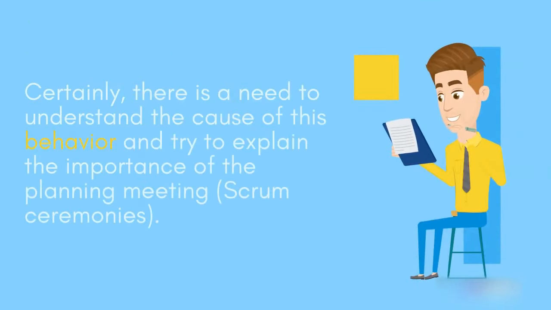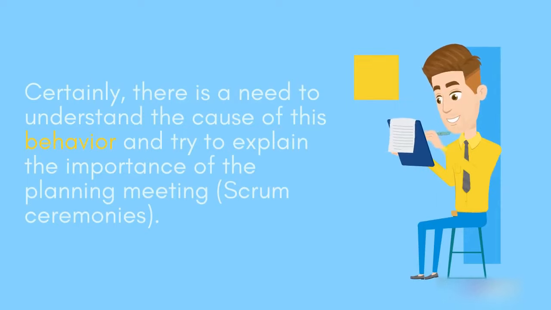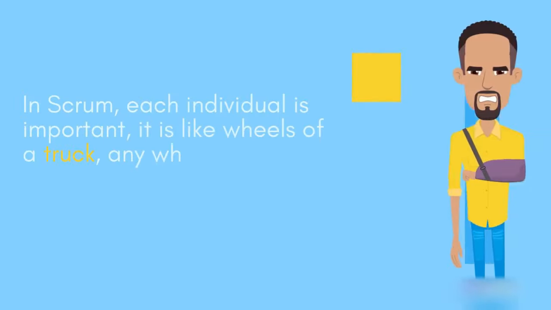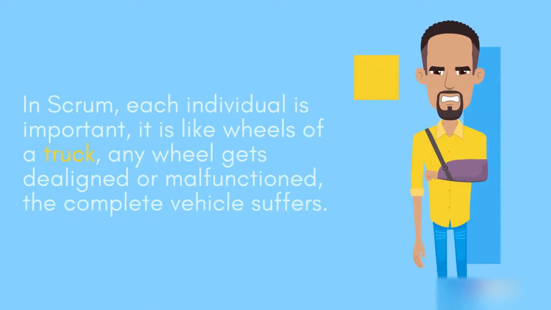Certainly, there is a need to understand the cause of this behavior and try to explain the importance of the planning meeting and Scrum ceremonies. In Scrum, each individual is important. It is like the wheels of a truck. If any wheel gets de-aligned or malfunctions, the complete vehicle suffers.